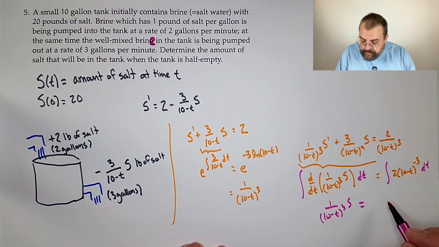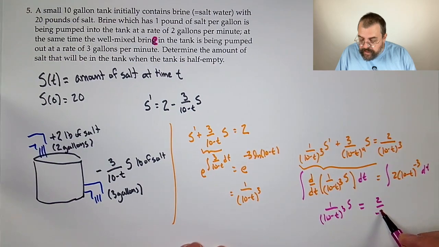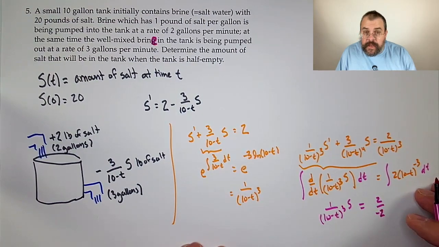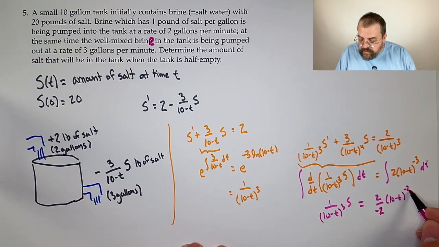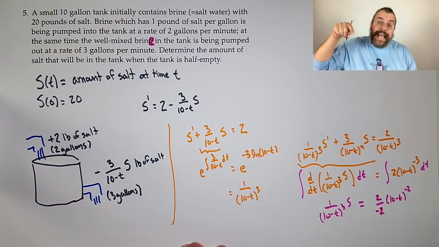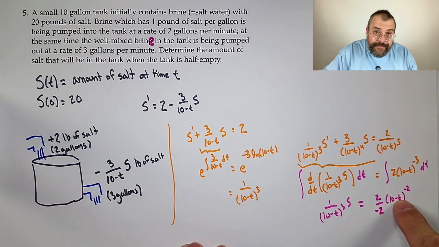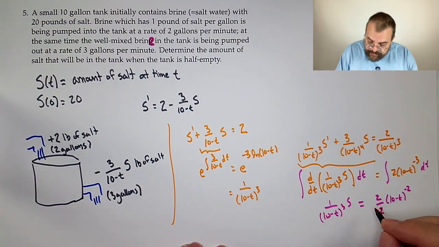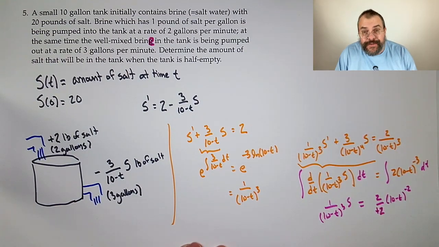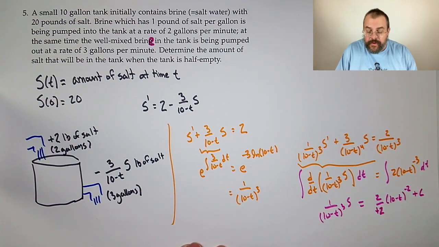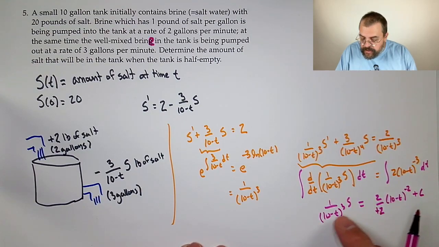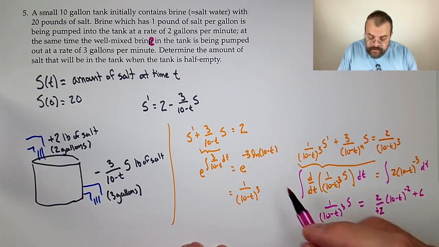Then we divide by that. So we have 2 over minus 2, and then we have (10 minus t) to the minus 2. And we need another minus because of that minus on the inside. So that actually becomes a plus, and plus c.